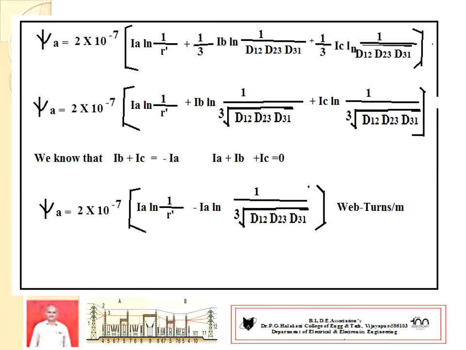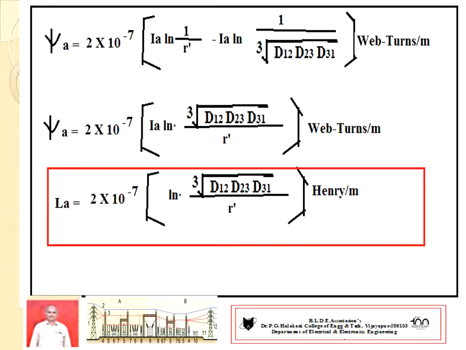You develop the expression 2 into 10 to the power of minus 7 [Ia ln 1 divided by r dash minus Ia ln 1 divided by cube root of D12 D23 D31]. It is Weber turns per meter.